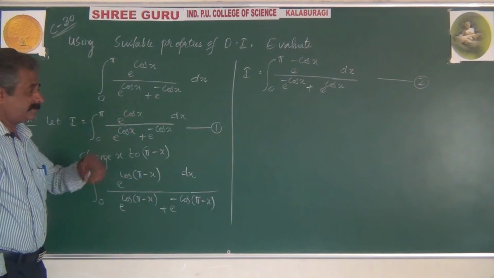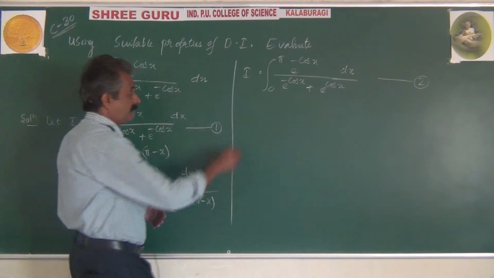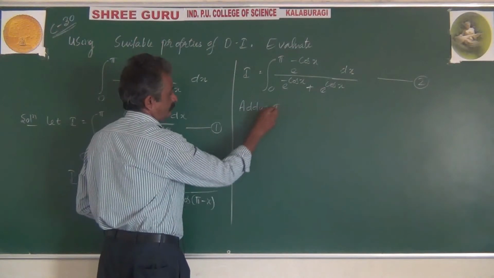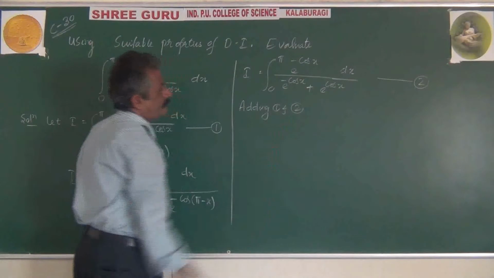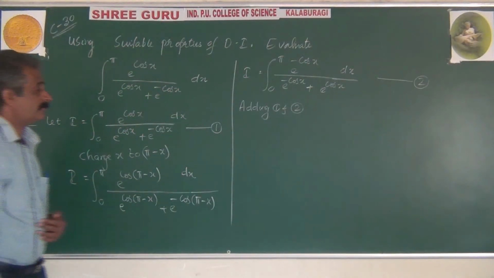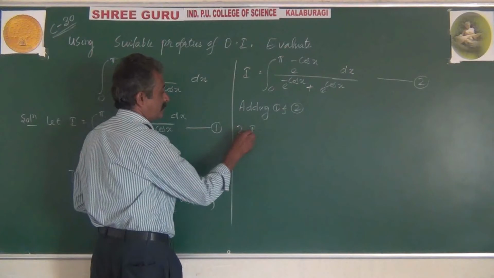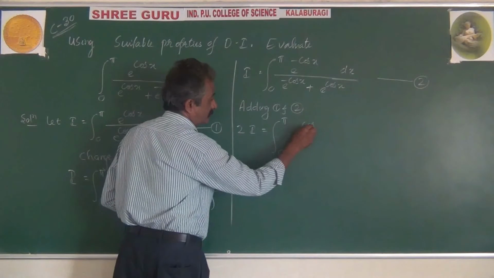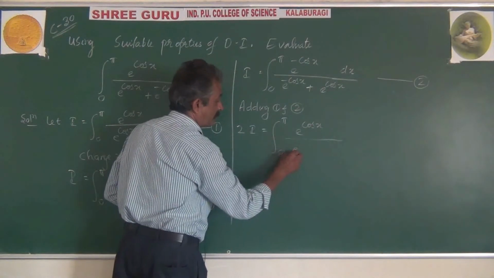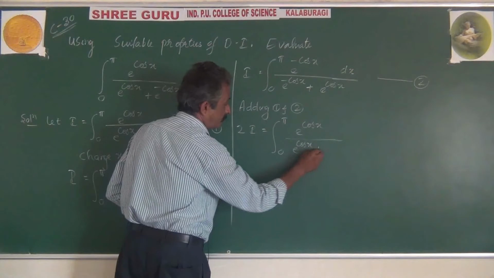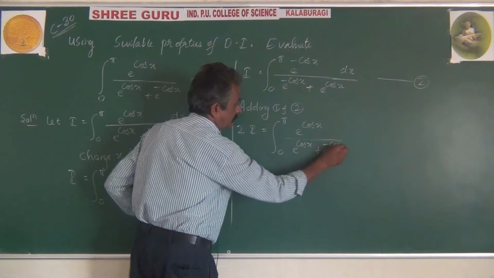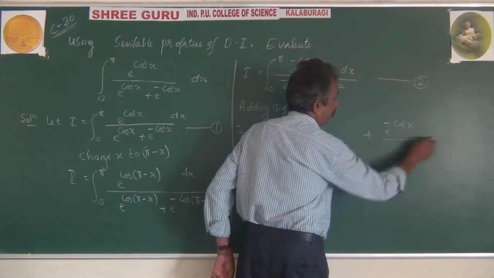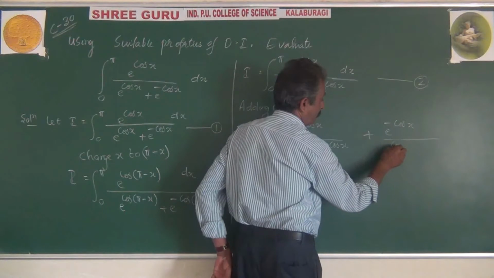Now let us add integrations 1 and 2 as usual. On adding integrals 1 and 2, I plus I is 2I, right side common integration 0 to pi e power cos x divided by e power cos x plus e power minus cos x, plus e power minus cos x divided by e power cos x plus e power minus cos x.